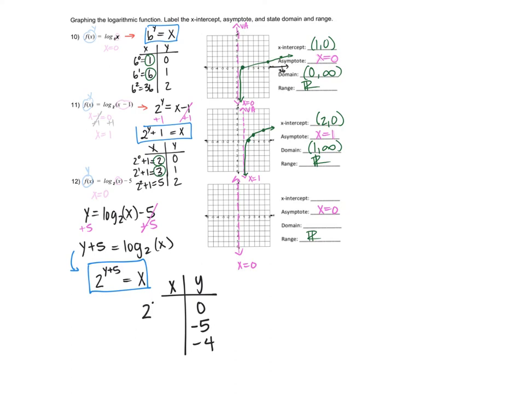So if I plug in 0, let me erase this and make some more room here. So this is going to be 2 to the 0 plus 5, which is 2 to the 5th power. 2 to the 5th power is 32.